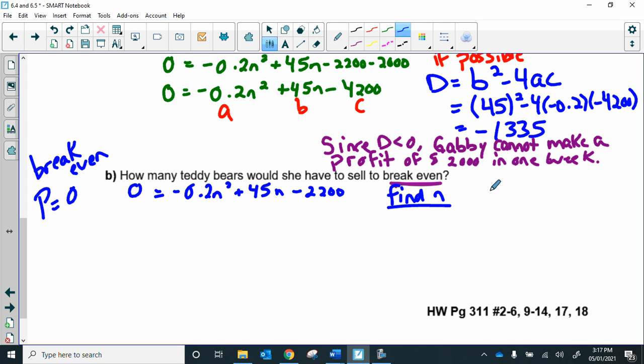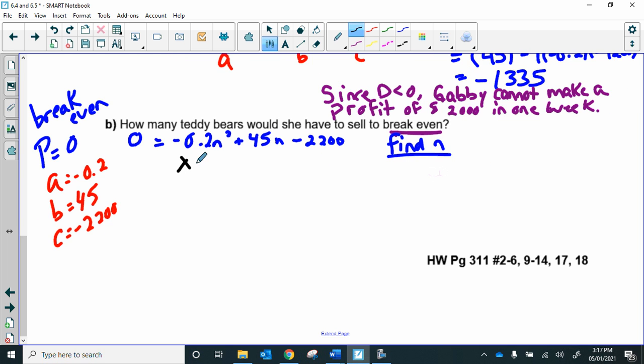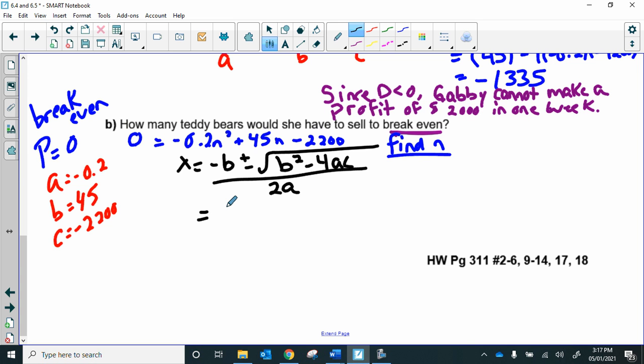You could try to see if that's factorable, but that decimal number in there is not very nice, so I'm going to guess it's not factorable, which means we're going to use the quadratic formula. My a value is out front, my b value is next, and my c value is negative 2,200. So quadratic formula, x equals negative b plus or minus the square root of b squared minus 4ac all over 2a. Mark for getting the formula correct.